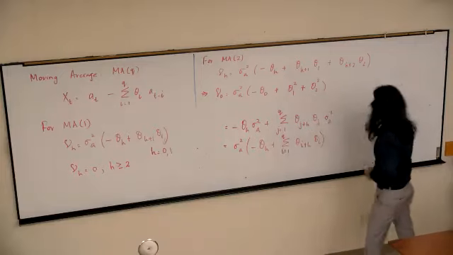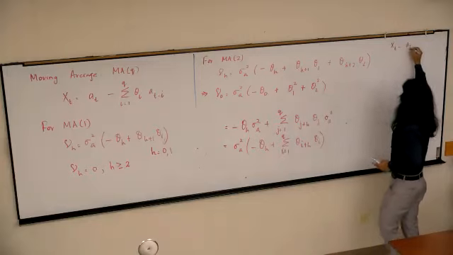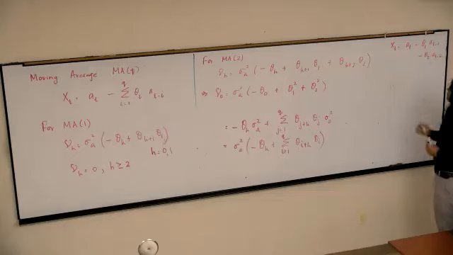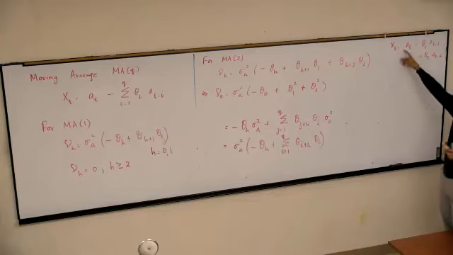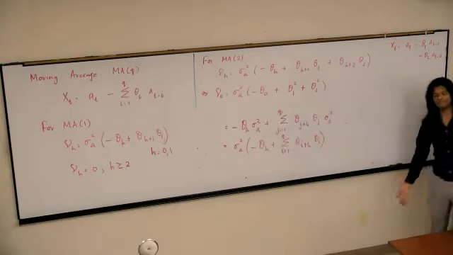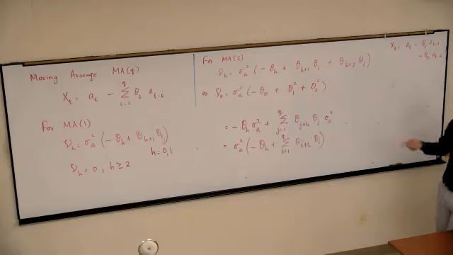Based on our definition, that is how we write MA2. So that would be 1, and you're tempted to put 1 there. Well, if you put 1 there, you will get negative 1 plus theta 1 squared plus theta 2 squared. That is going to contradict what we had earlier. What is gamma naught from earlier?